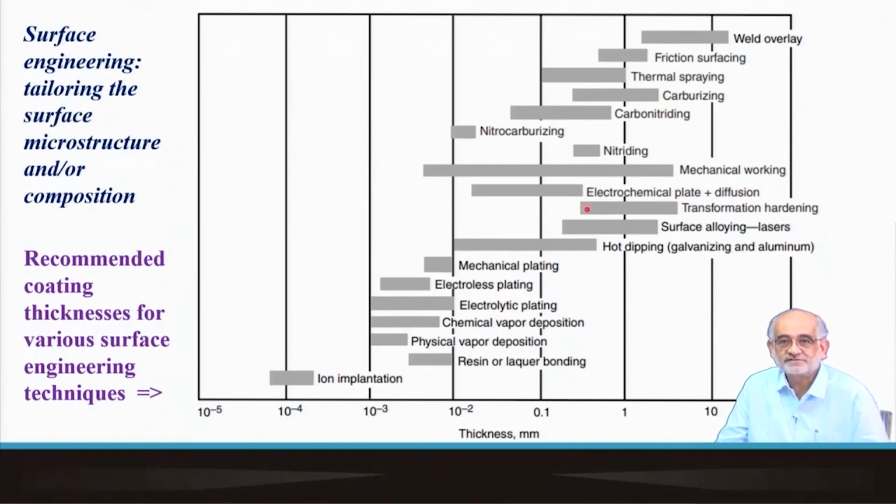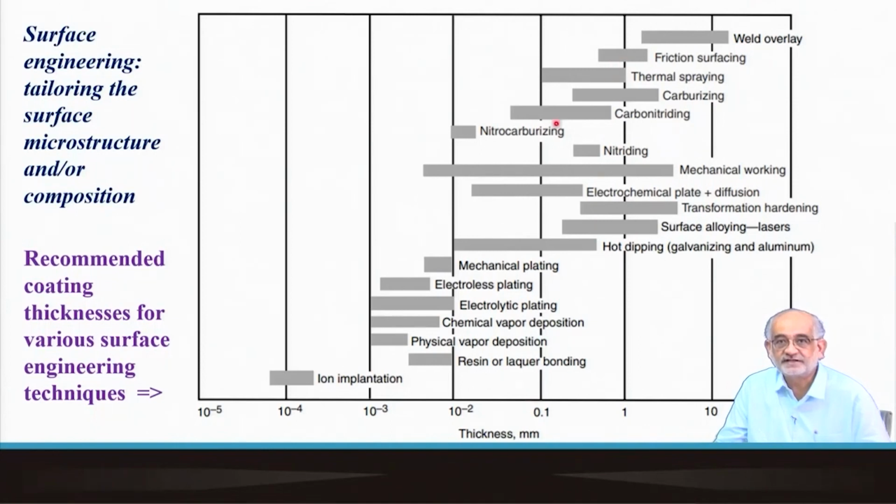And in the process we see a plethora of surface engineering techniques possible. The thickest is what we call weld overlay, which is very important for reclaiming or refurbishing worn components. We can use friction surfacing or friction stir welding, then thermal spraying, carburizing, carbonitriding. So look at the band, and that band tells you the thickness region that you can address.